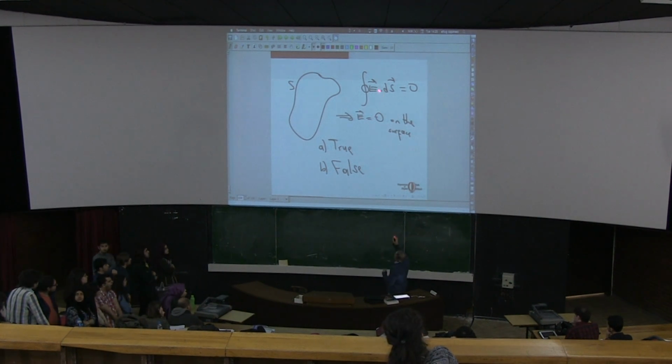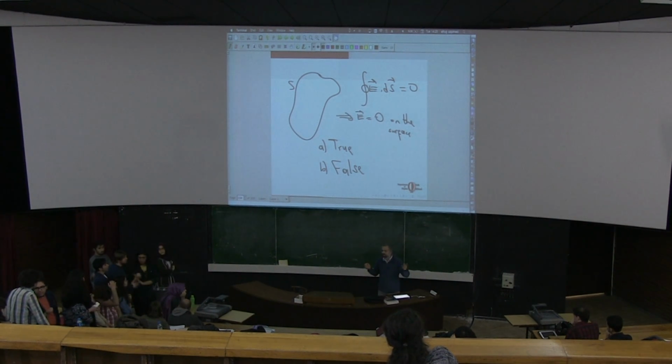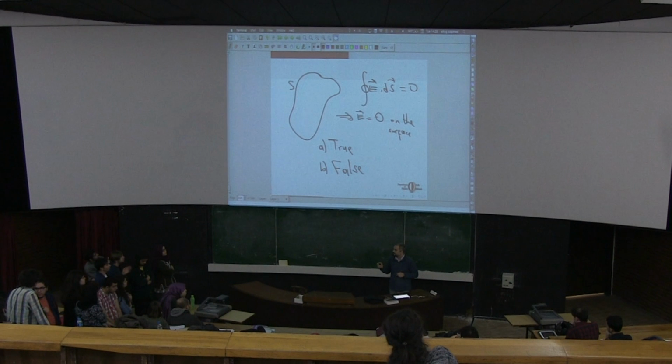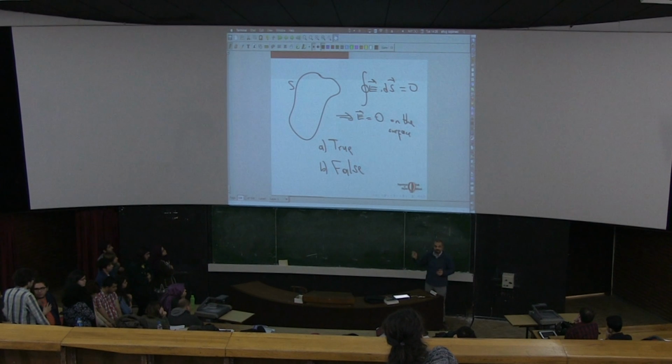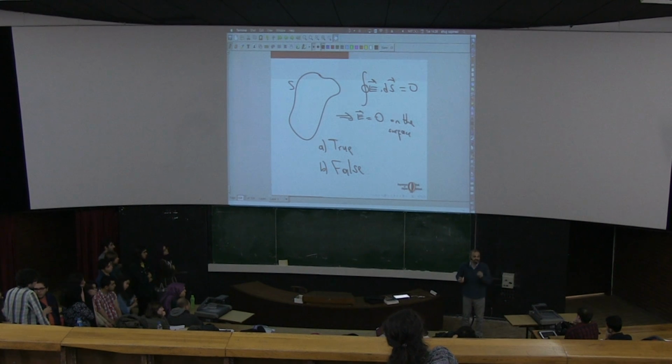No, we are talking about a scalar product over here. So his claim is this formula just states that the sum of E dot ds is zero, which doesn't necessarily mean every E dot ds is zero.